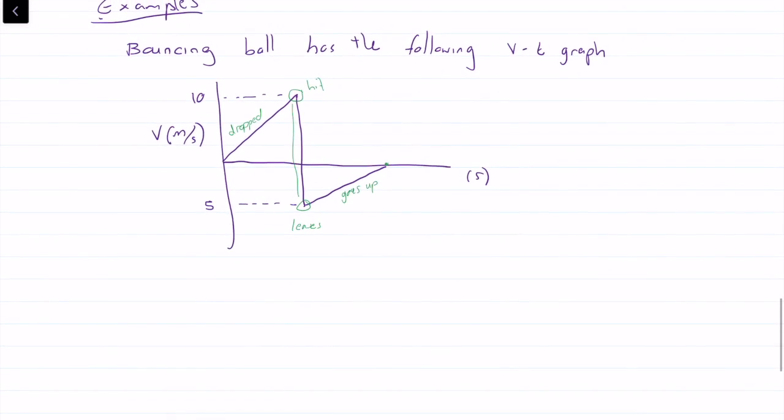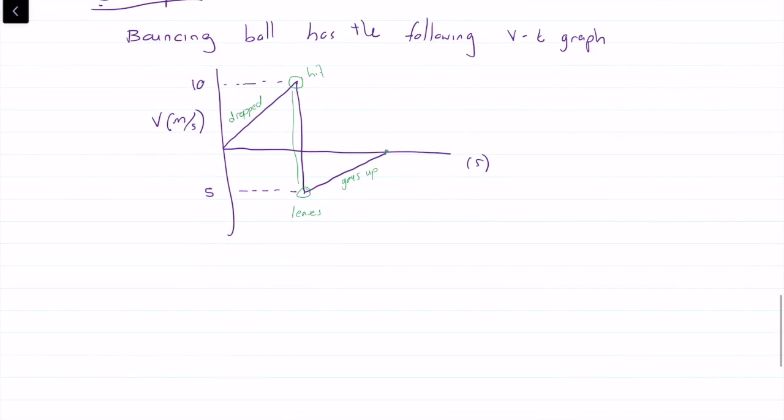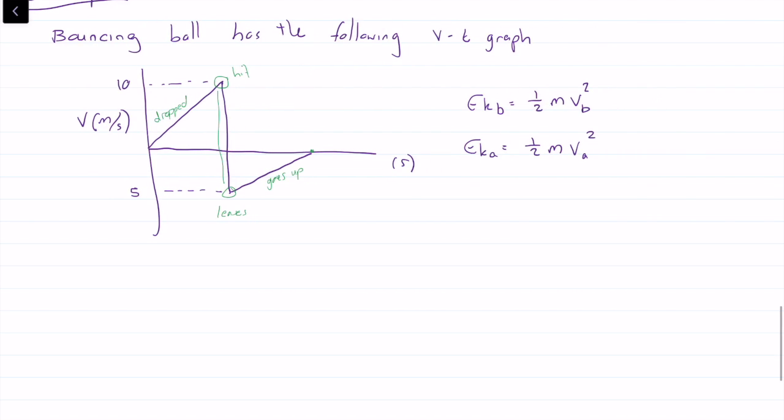Remember, we're focused on EK. So EK before equals a half mass times the velocity before the collision squared. EK after equals a half mass times the velocity after squared.